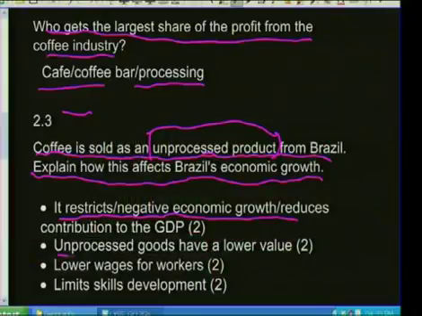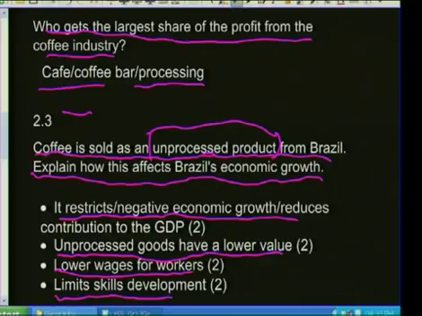So in the other case, you have to give one of the reasons. Unprocessed goods have a lower value than processed goods, which you know. Lower wages for workers, and lower money. Their standard of living is lower. Their buying power is lower, so you don't have such a domestic market.